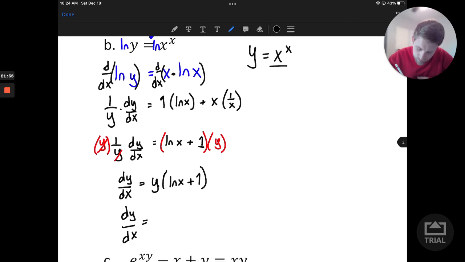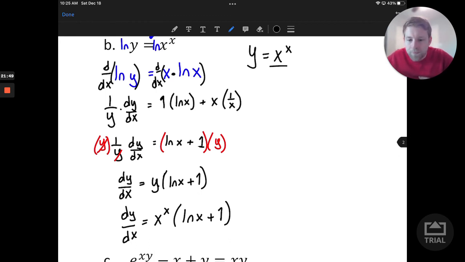So we could say that this is really x raised to the x times ln x plus 1. That's another way you could represent that same derivative, just replacing the value of y back into the equation. So that's a very unique derivative: y is equal to x to the x using implicit differentiation.